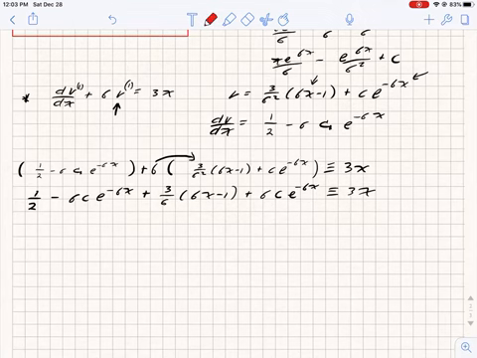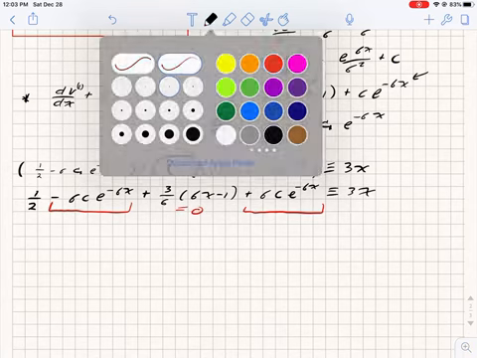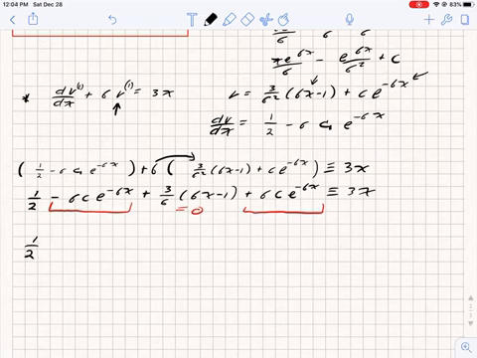And expect a lot of cancellations. This negative 6c e to the negative 6x, and this positive becomes 0. So we're left with 1/2 plus, now let's factor this in here. We're just left with 3x minus 3 over 6 is identical to 3x.